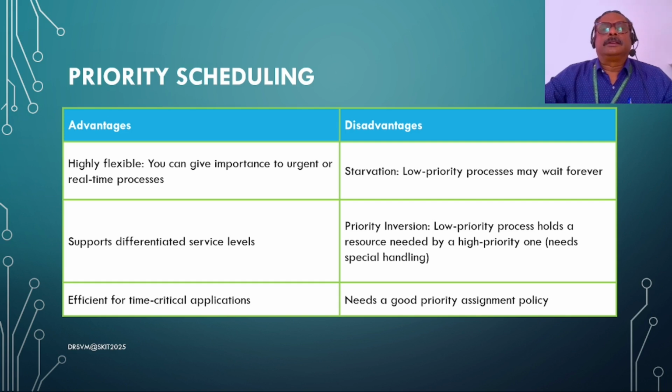Like in the traffic, we have to have a proper guidelines of which type of vehicle should be allowed first, which type of vehicles should be allowed next. Like ambulance, fire services and all that should get highest priority.